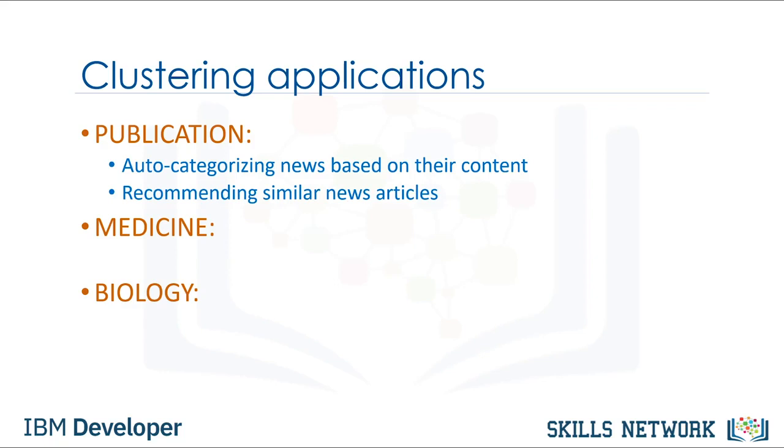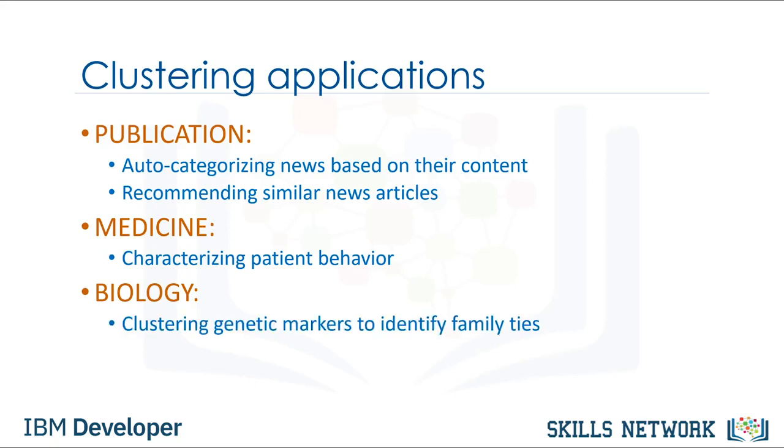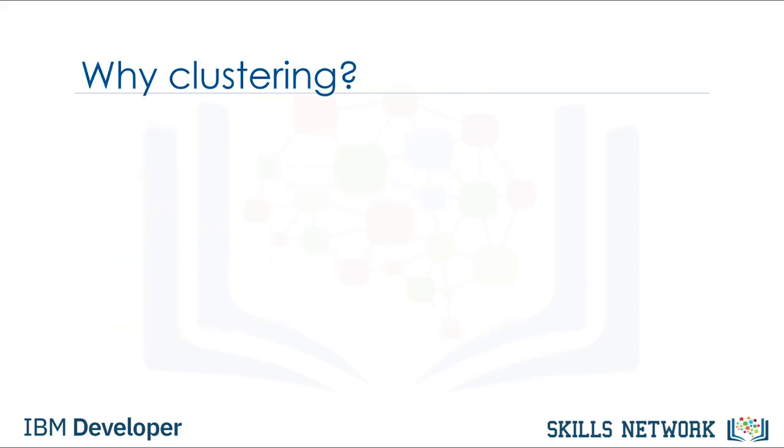In medicine, it can be used to characterize patient behavior based on their similar characteristics, so as to identify successful medical therapies for different illnesses. Or, in biology, clustering is used to group genes with similar expression patterns or to cluster genetic markers to identify family ties.